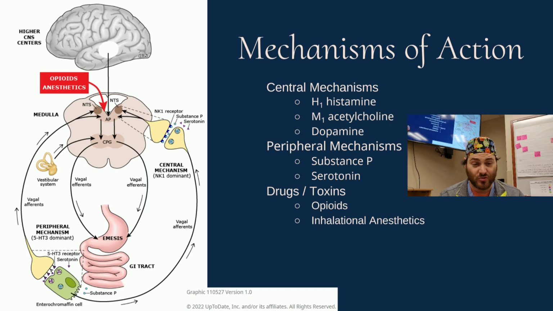Some of them are central mechanisms, some of them are peripheral mechanisms. They're kind of listed on this chart. I'm not going to get too down in the nitty gritty, but what I want to drive home to you guys is that this is a multifaceted area. We can't just give everyone Zofran and it work every time. And here's why. It is complex. There's a lot going on.